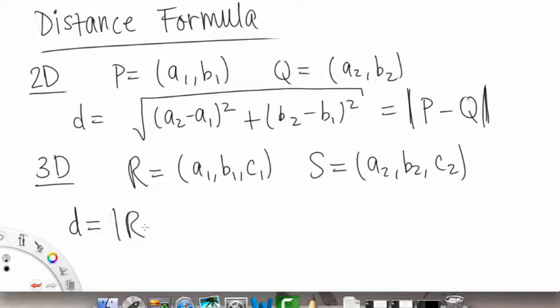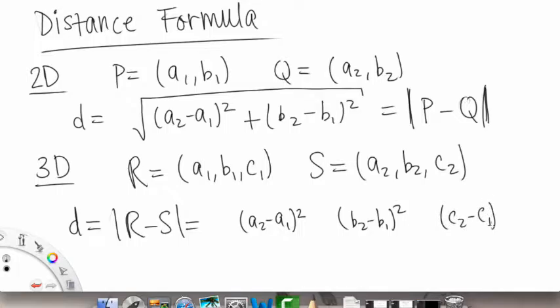So D, the distance between R and S, is going to equal the differences between all of the components respectively: A2 minus A1 squared, B2 minus B1 squared, C2 minus C1 squared, with addition signs in between, and the square root sign. Handy dandy, right? Okay, so I just wanted to introduce that as something you might have seen before.